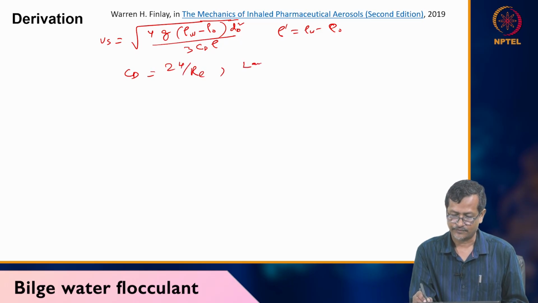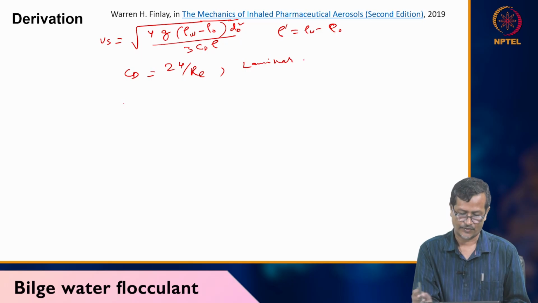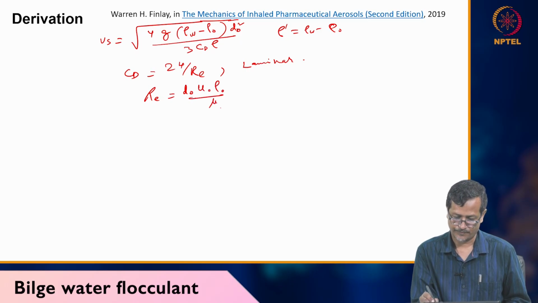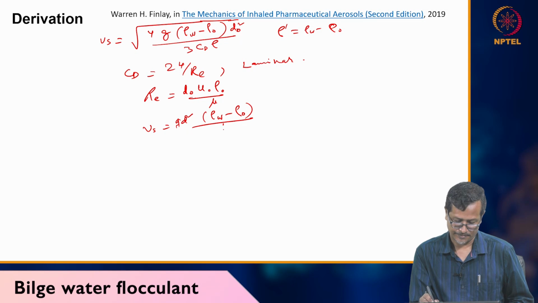This is laminar flow. Okay, so Re becomes d oil u oil rho by mu. So Vs equals g d square (rho water minus rho oil) by 18 mu.